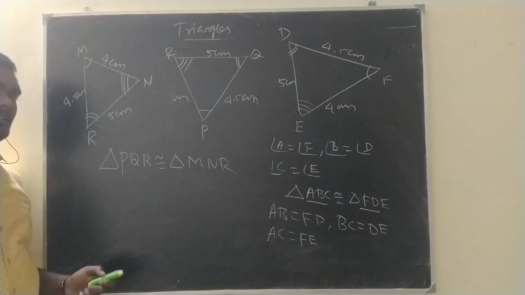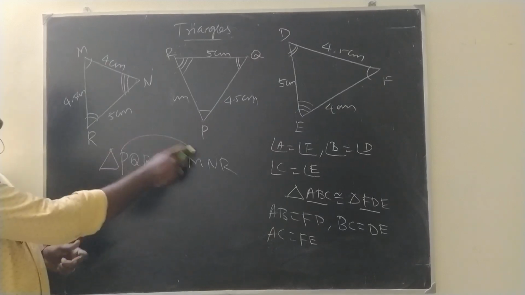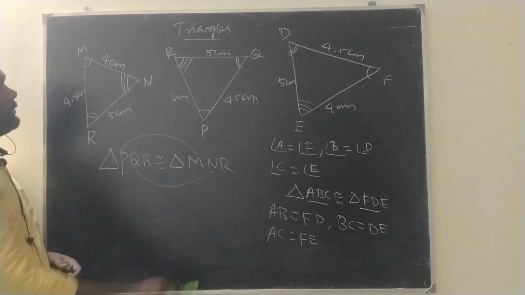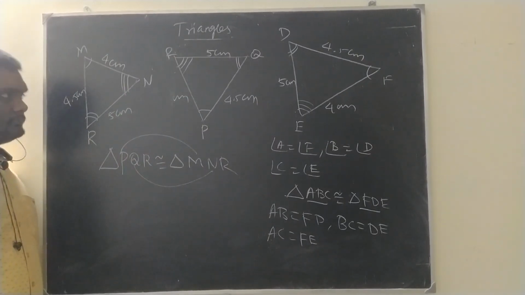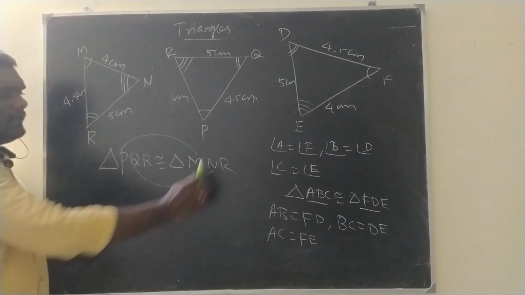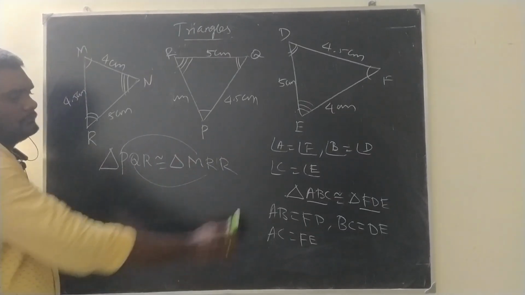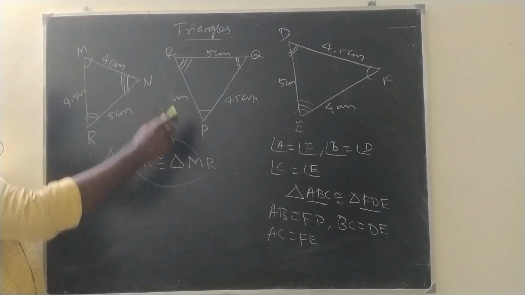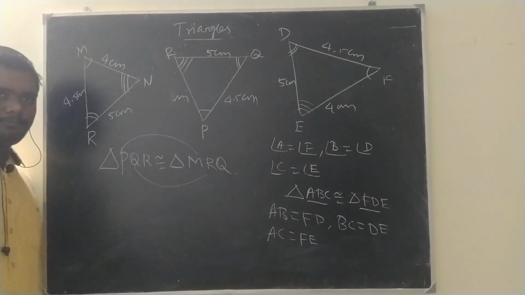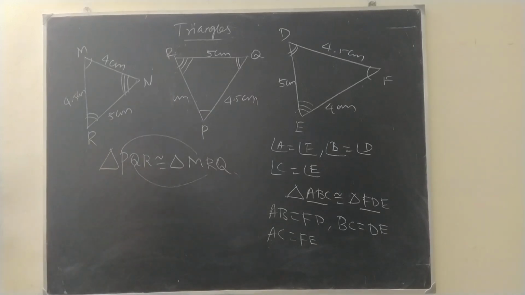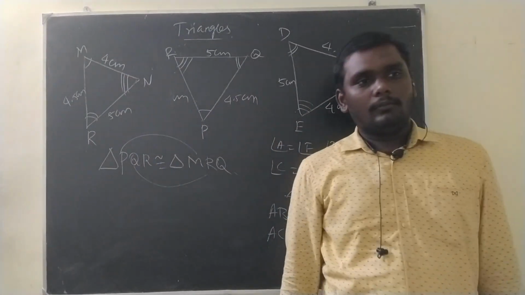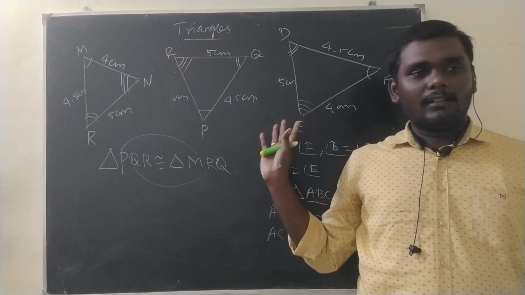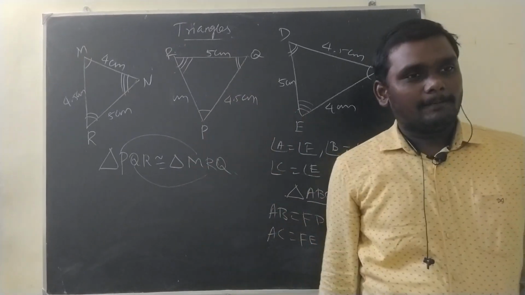Yes sir, sides also we should check. Angles also corresponding. See, P is equal to M. Yeah, okay, that is correct. Q is equal to N. Q 2 lines, N 3 lines. Q is equal to R. And that R 2 lines, that is equal to Q, M or Q. Okay. So this is how we should check whether these two triangles are congruent or not.